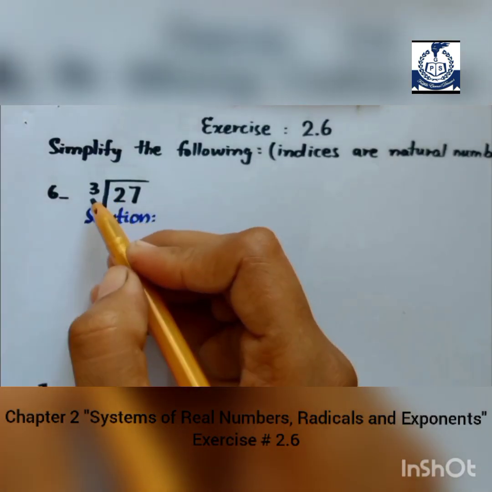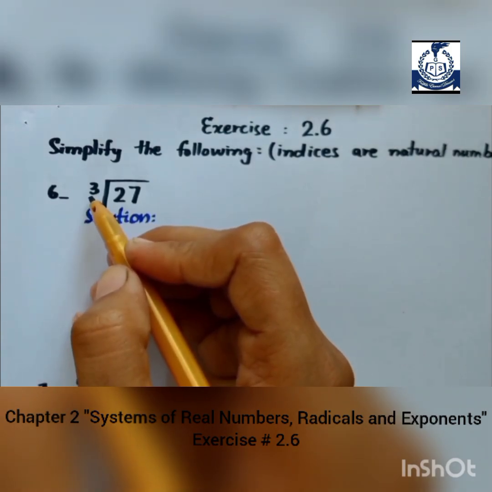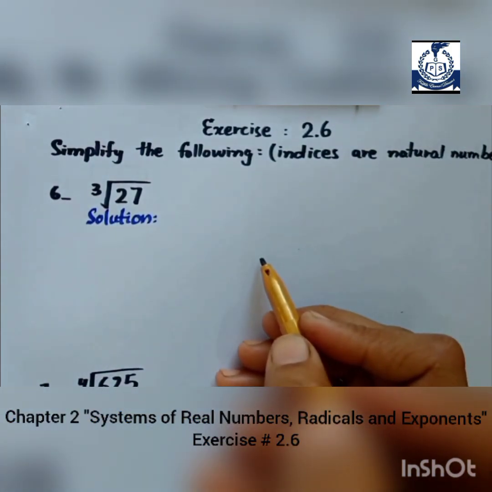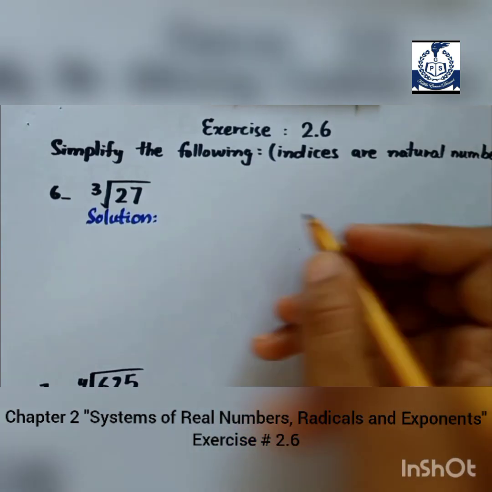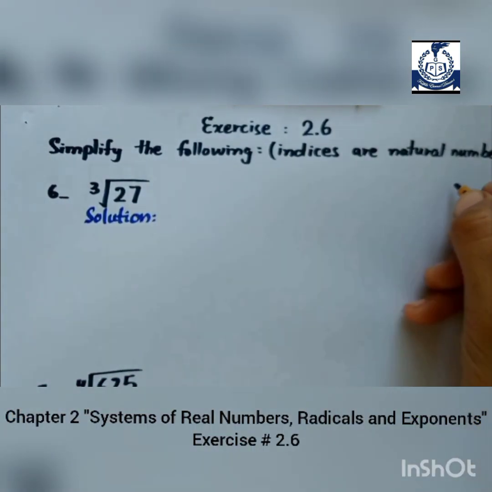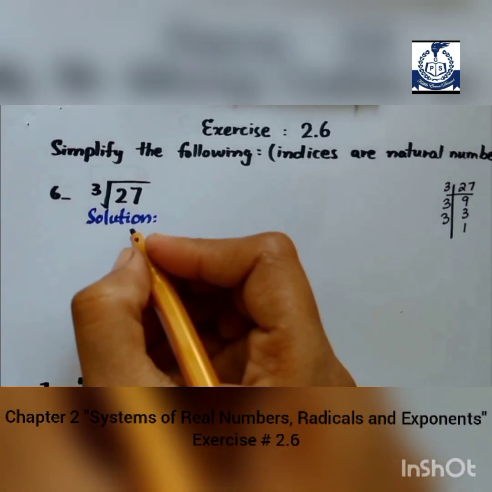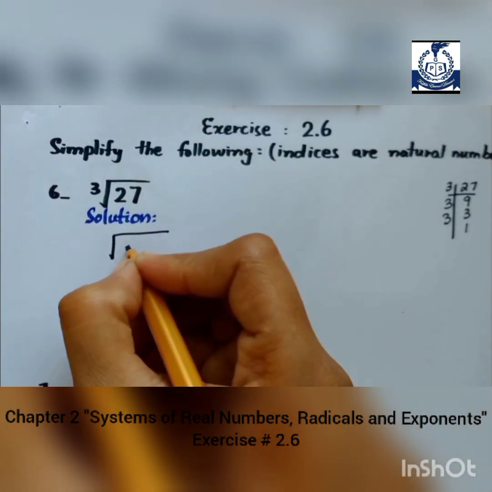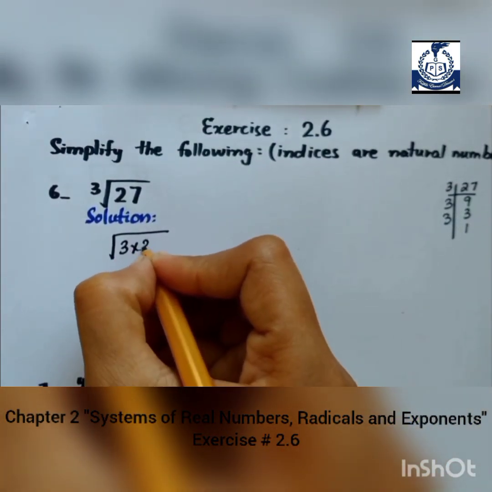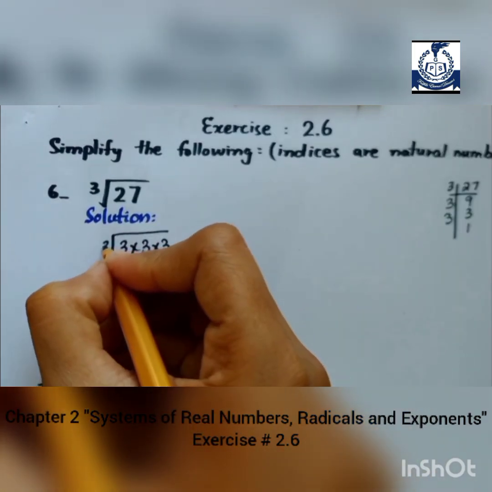Part number 6, cube root of 27. So the index we have is cube. First we take the factors of 27. 3 nines are 27, 3 threes are 9, 3 ones are 3. So the factors of 27 are 3 multiplied by 3 multiplied by 3. We can write this in place of 27, with power 3.